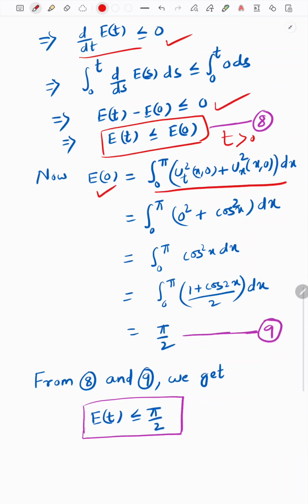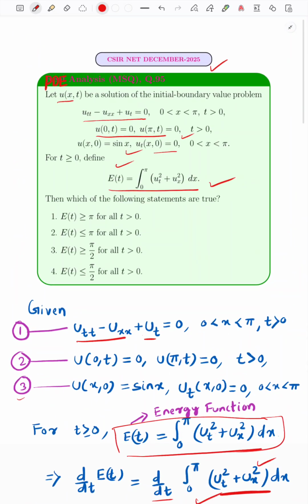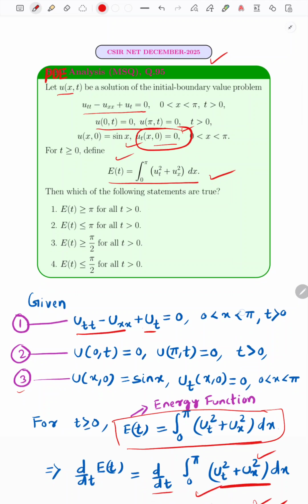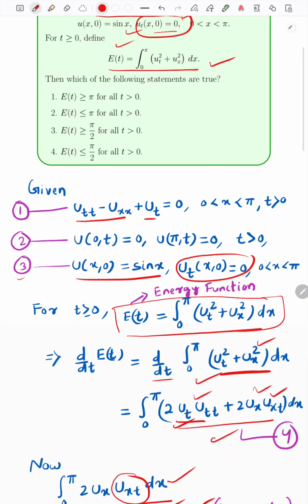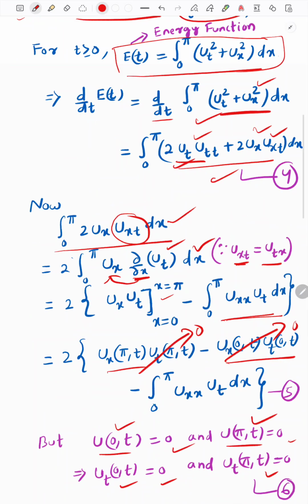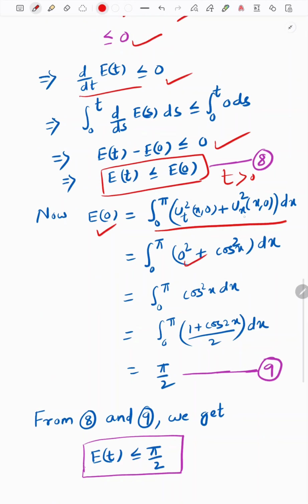But u_t(x,0) is what? u_t(x,0) is this one, 0. And u(x,0) is equal to sin x, and its derivative will give cos x. So u_t(x,0) is 0, this is 0, and u(x,0) is sin x, and its derivative will give cos x, so it gives the integral of cos square x dx.